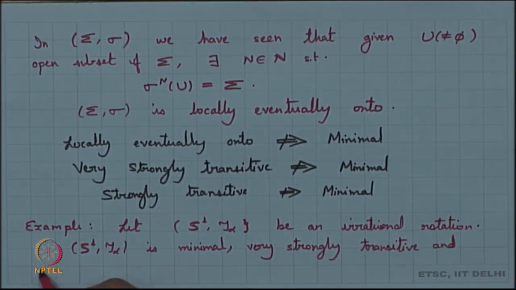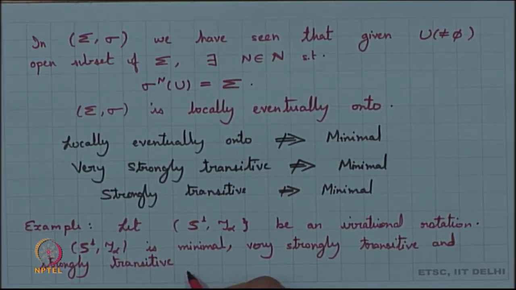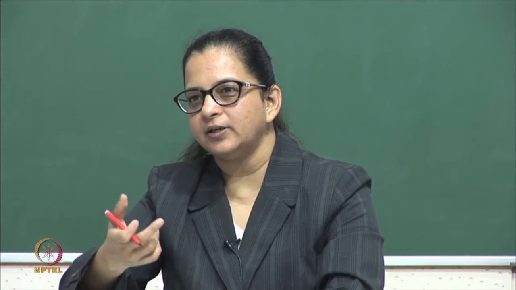And strongly transitive. But it is not locally eventually onto. This is an equicontinuous system. For an equicontinuous system, we know that the length of all iterates of u is going to remain fixed. You start with whatever is the length of u, and you find that the length remains the same.